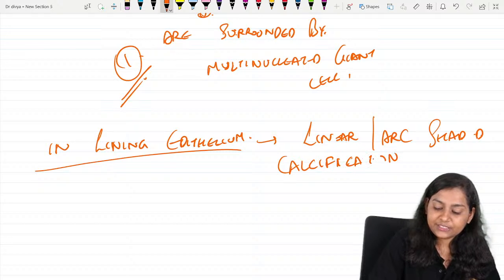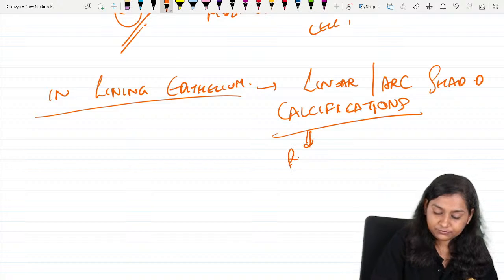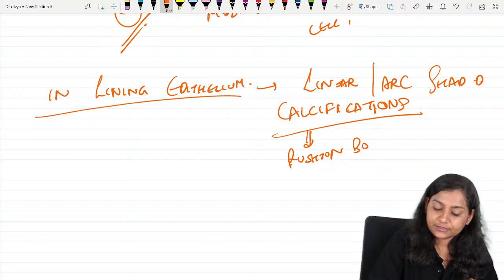What are these linear arc-shaped calcifications? These are called Rushton bodies. Now, what are these Rushton bodies?